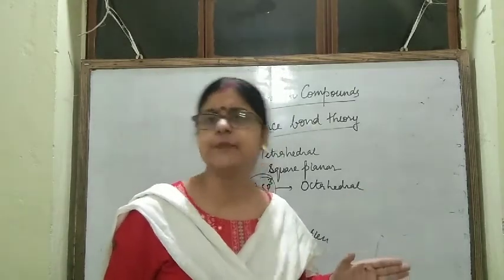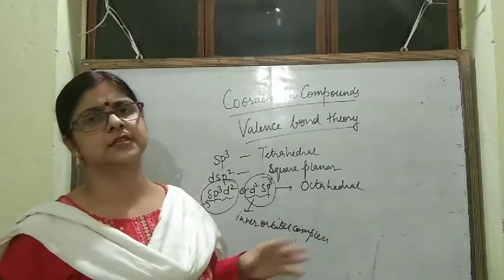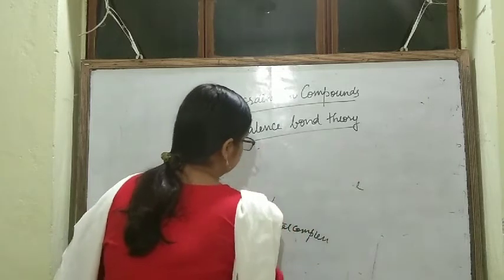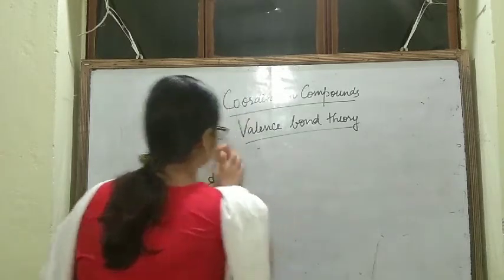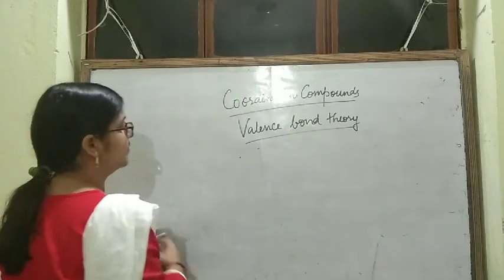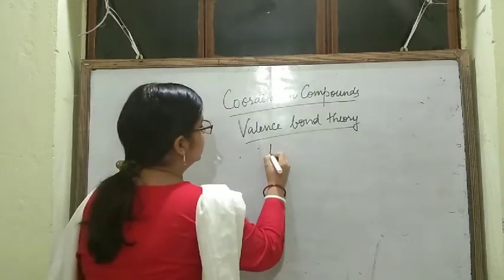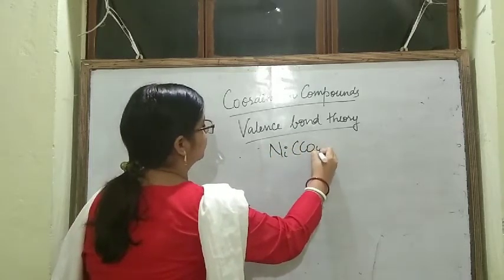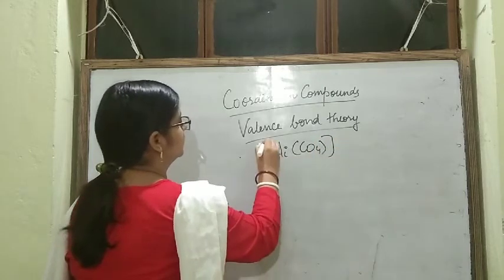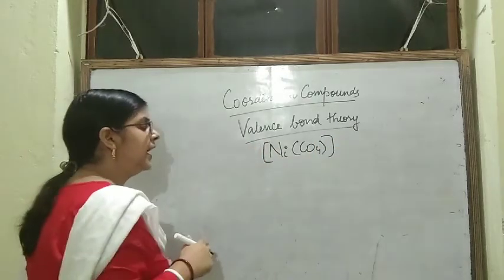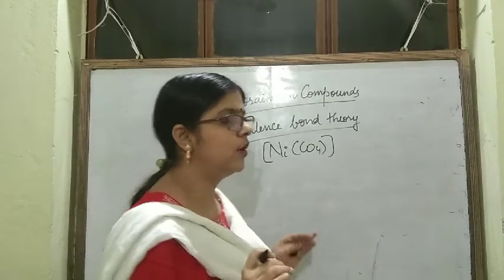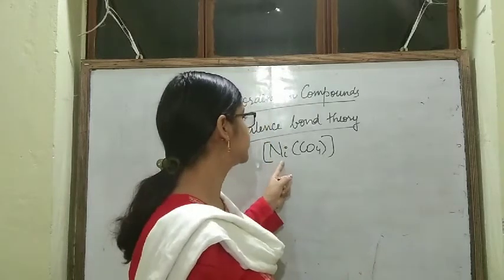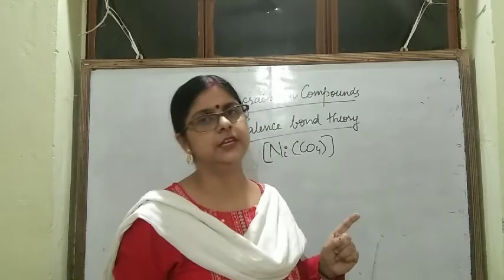Now, let me take up some examples to explain this. Let us take the example of nickel tetracarbonyl, Ni(CO)4. In Ni(CO)4, our first task is to find out the oxidation state of the central metal atom nickel.